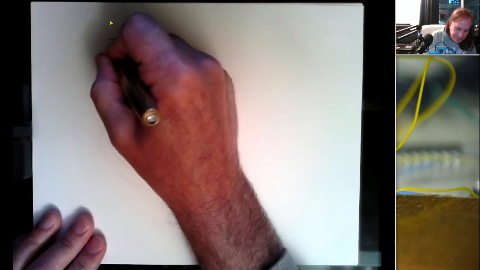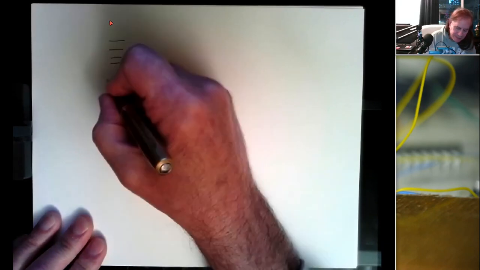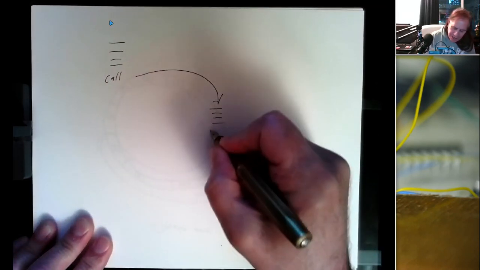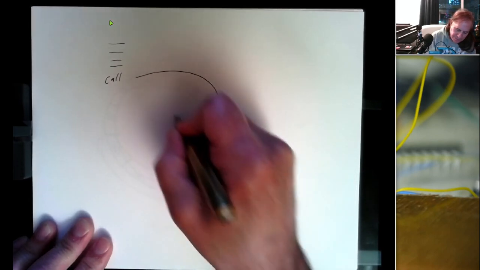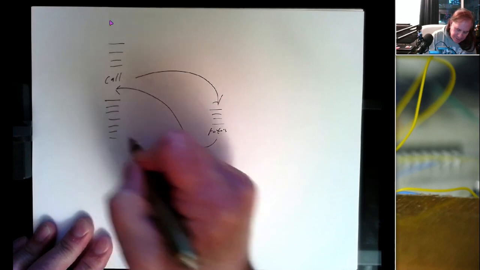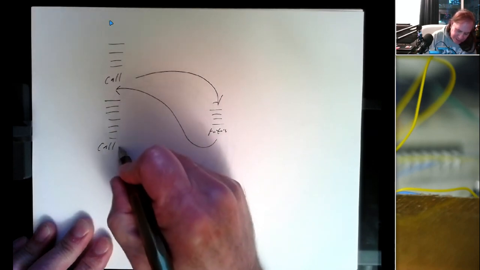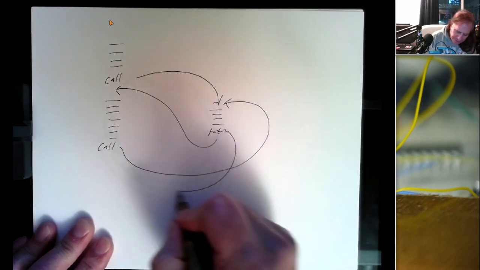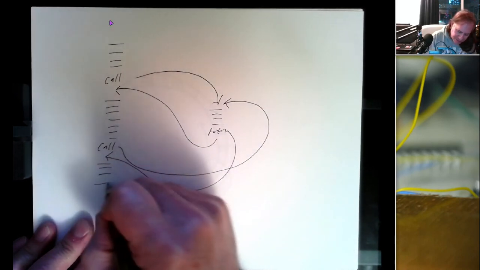So we've got, say, a main program which is doing something, and then at some point we make a call to some other function, and then our function says return, and we go back here. And then we do some more things, and maybe we make another call to that function. But this time when it says return, it comes back to this location.